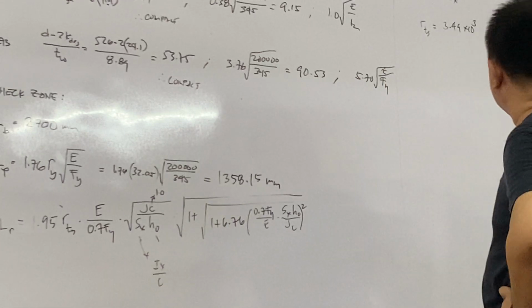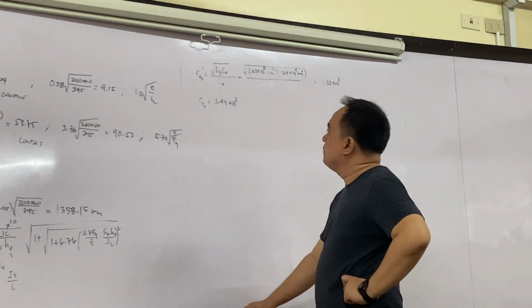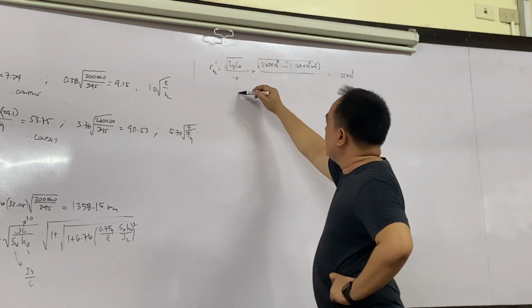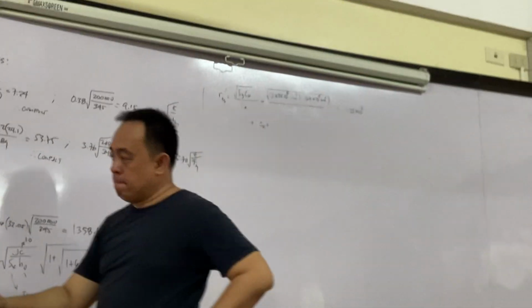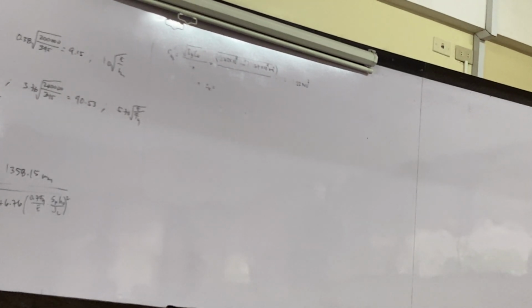It's IX, 351. Let me resolve this. This is equal to 351 times 10 to the 6.